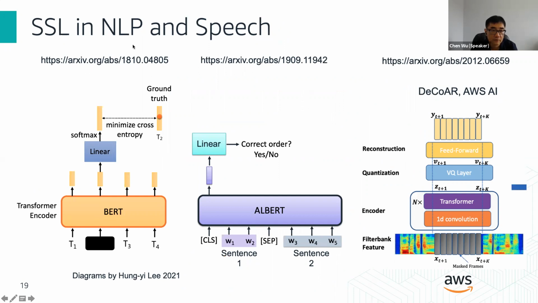Especially for NLP and speech, because that's one of the examples we've been using for our industrial operations. As you might know, the transformer has ruled a lot of the sequence modeling tasks, including language modeling, but also speech. The BERT model that was originally proposed is doing exactly this pre-training with self-supervised learning.